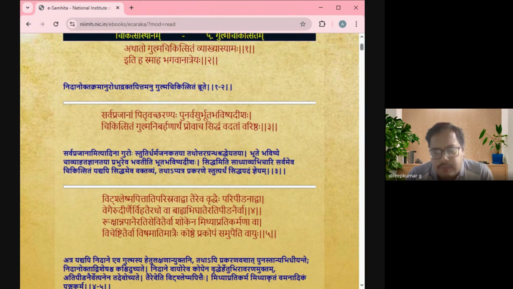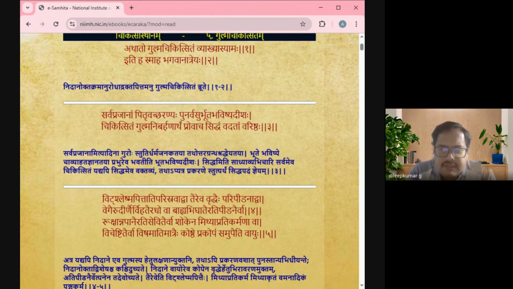So any of these pathologies which is painful, palpable, moving or changing its shape, backed by physiological or anatomical changes in the GIT tract, can be grouped under the disease called gulma.